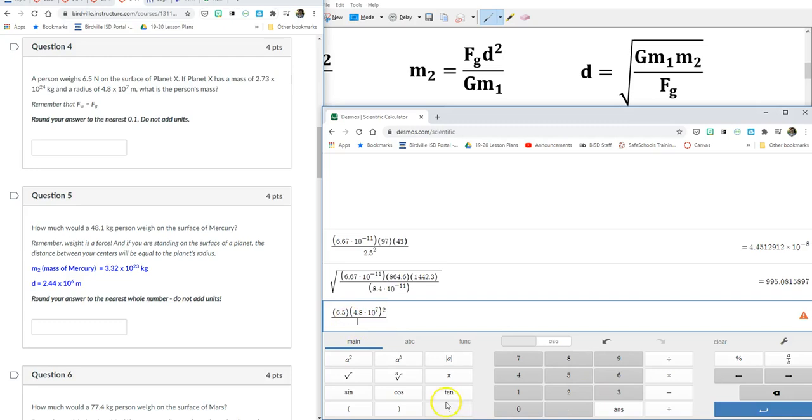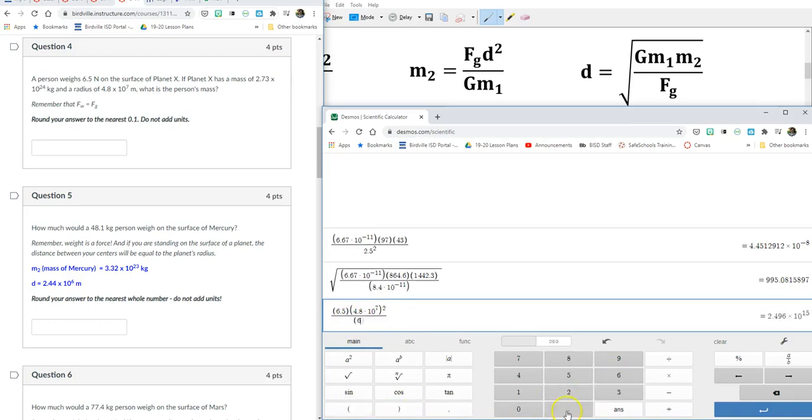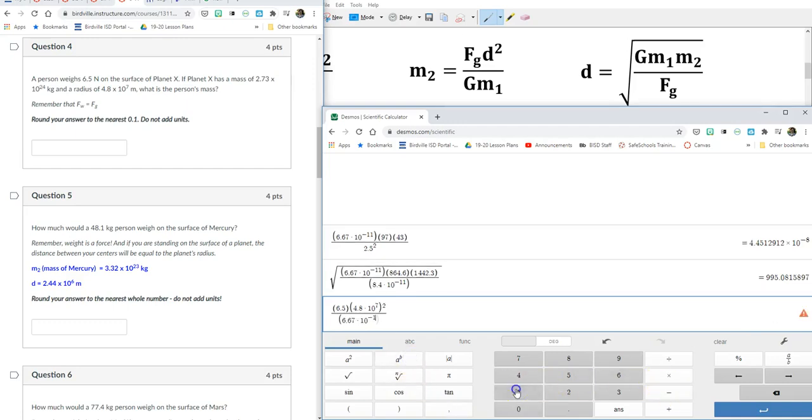And then divide it by big G, 6.67 times 10, A to the B to the negative 11. Close my parentheses, and then times the mass, in this case the mass of the planet, 2.73 times 10, and then do A to the B to the 24.